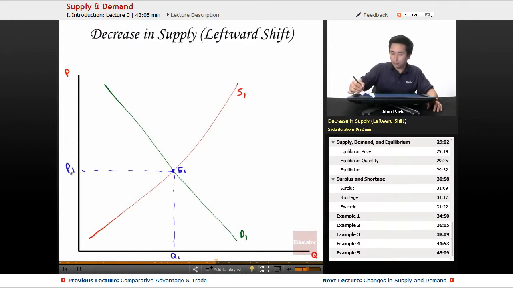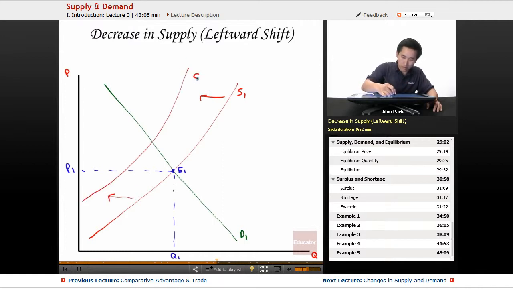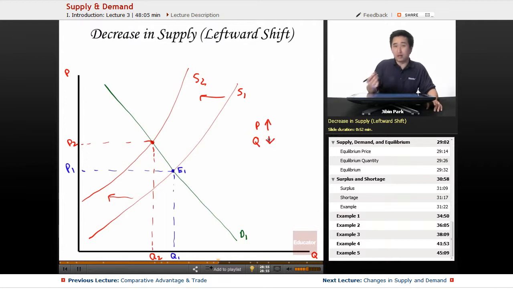So if you have a leftward shift in the supply curve, then you have S2, and you have Q2, and P2. So the price is going to increase and the quantity is going to decrease. So a leftward shift is going to cause a decrease in quantity, but the equilibrium price is going to increase.